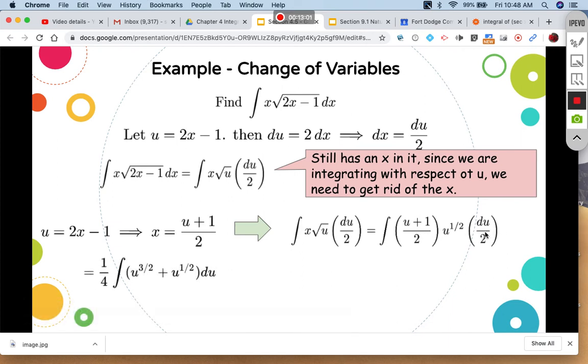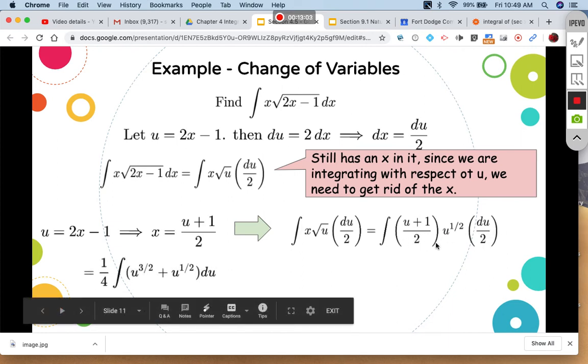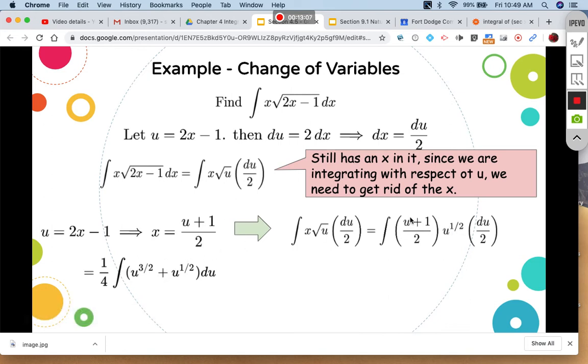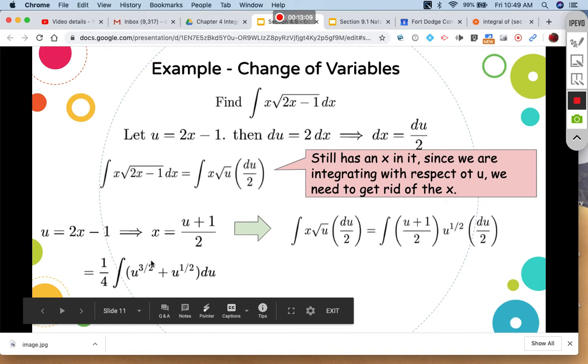Now I can pull out my constants here, so take out the 1/4, and I can then take u to the 1/2 times u plus 1 is u to the 3/2 plus u to the 1/2. Now that's something I can do. I can break that apart into the sum of the integrals. I can use my power rule.